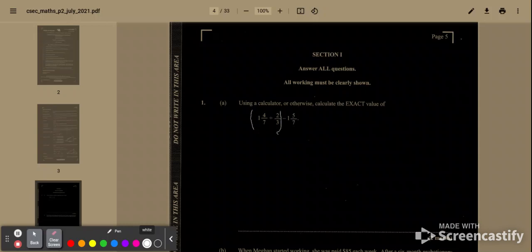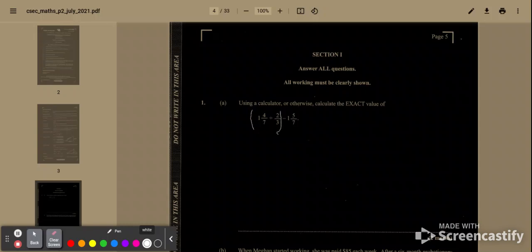Now we have 1 and 4 over 7, which is a mixed fraction, so we need to turn it into an improper fraction. To do so, we multiply the whole number, 1, by the denominator, 7, and add the answer to the numerator of 4.